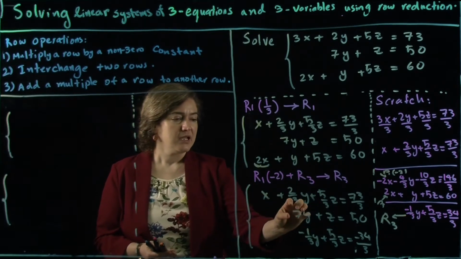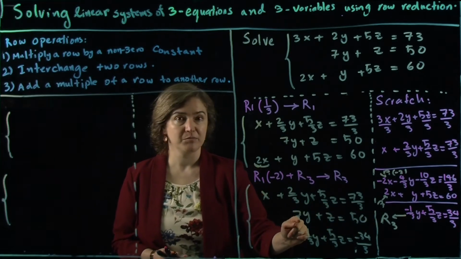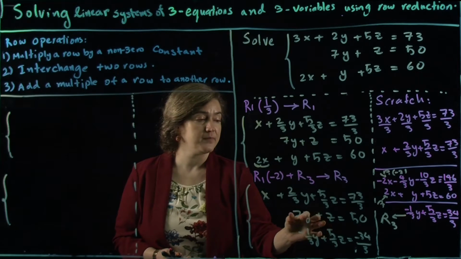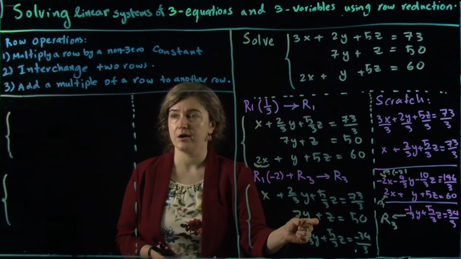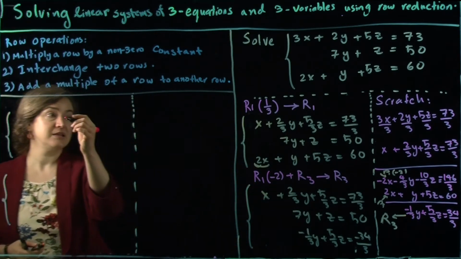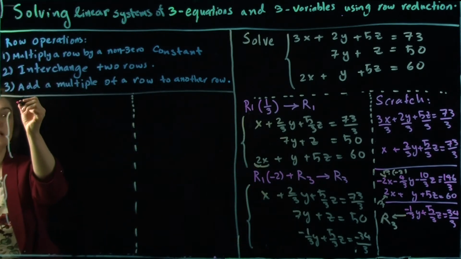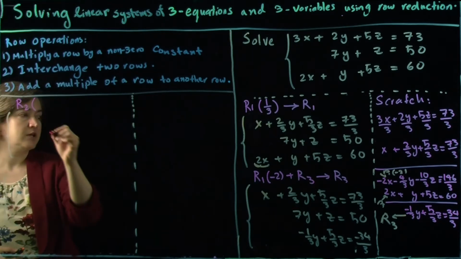Let's see. Here, if I divide this equation by 7, then the leading coefficient becomes 1. See, there is a pattern in here.